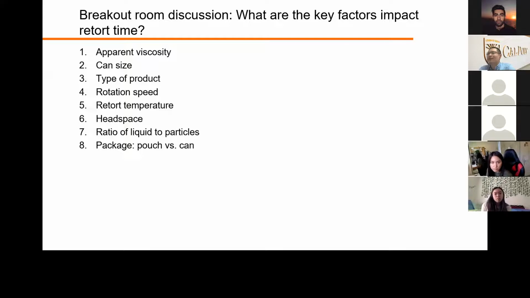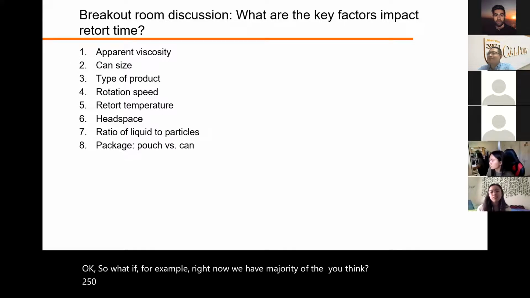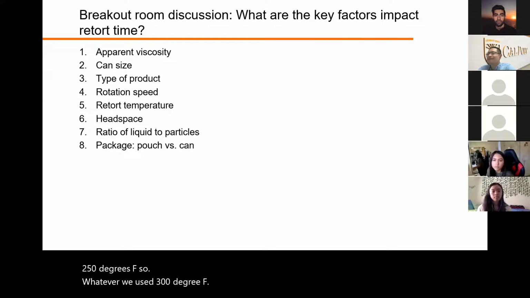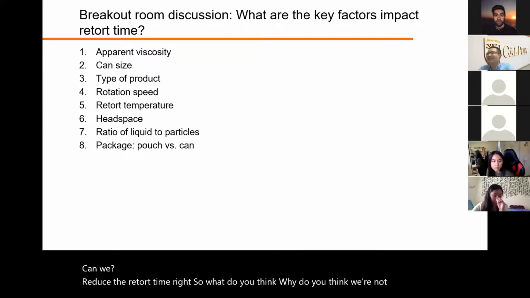Okay, so what if, for example, right now the majority of the retort uses 250 degree F. What if we use 300 degree F? Can we reduce the retort time? So why do you think we are not using that temperature?